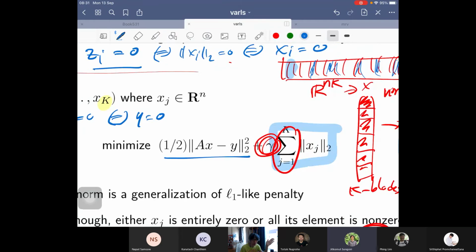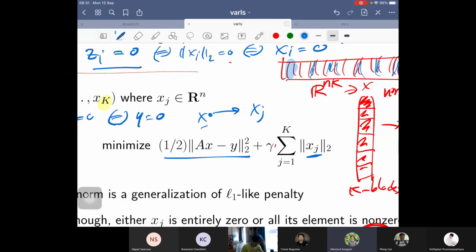The first term, obviously quadratic in X, is convex. What about the second term? If you look at this, when you consider each block of X, that is an affine transformation of X to Xj.